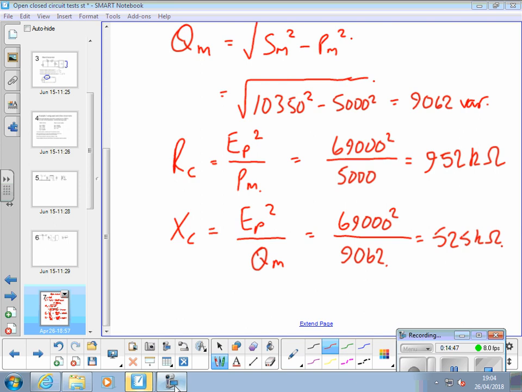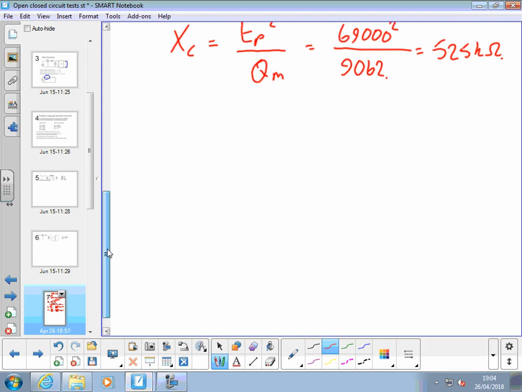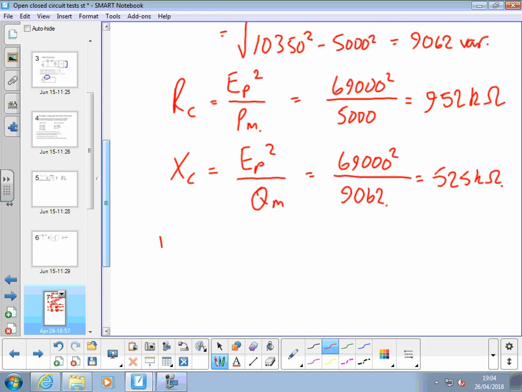Yep. And the last thing we can find from the open circuit test is the transformer ratio.